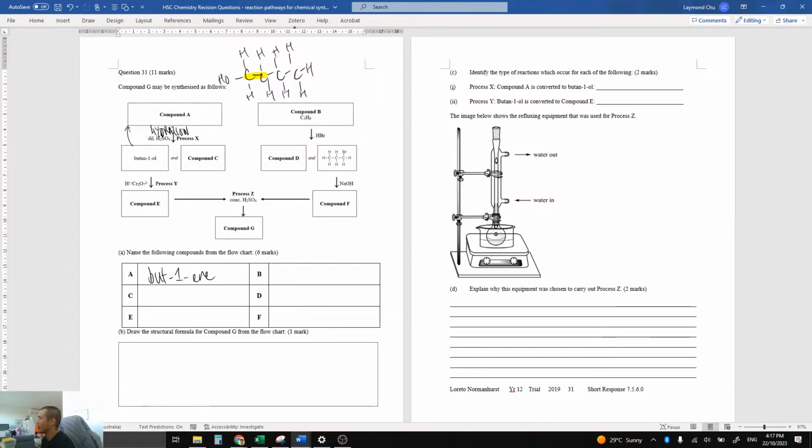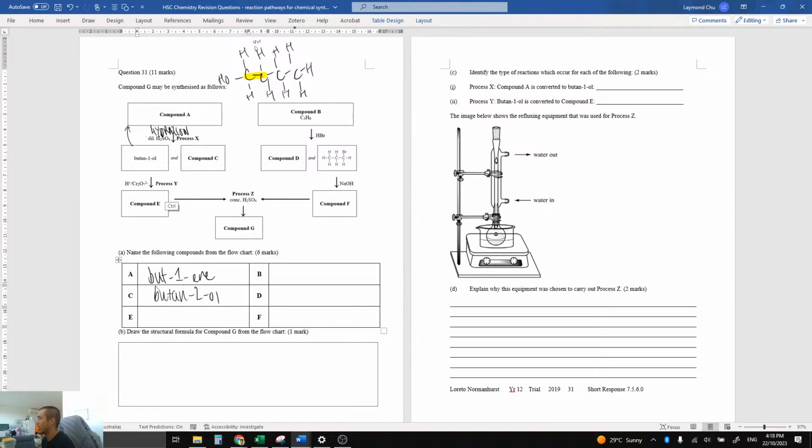Reason is because we'll never get the but-1-ene from but-1-ol. So it's but-1-ene. Compound C is an isomer of butan-1-ol, which is the other product of your hydration reaction with compound A. So the other compound you're going to get is when your OH is here. So what's that? That's butan-2-ol.